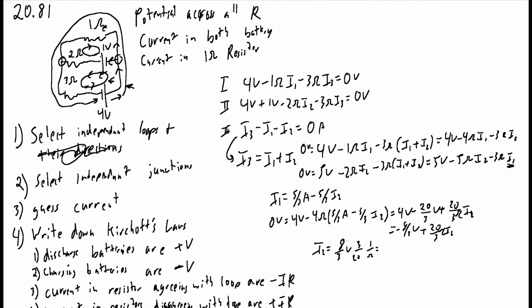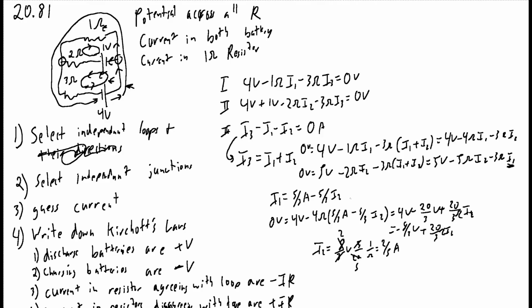The 3's cancel here, and pull the 4's out. That's a 2 there and a 5 there. So this is 2/5. 2/5 of an amp is I2.